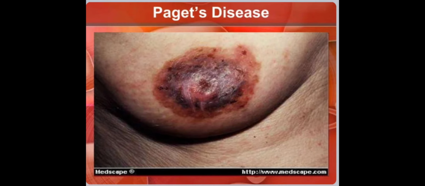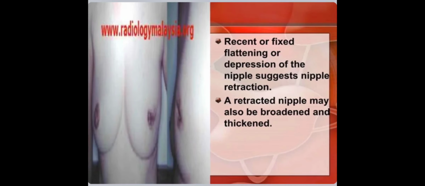Yan po yung Paget's disease, inflamed po and red po yung kanyang nipple. Pag may sakit pong ganyan yung pasyente, nagpapasuso siya, hindi po pwede. Again po, pag meron pong infection ng ating patient sa suso and she is breastfeeding, kailangan pong mag-stop ng breastfeeding ang ating mother kasi kawawa po yung bata.